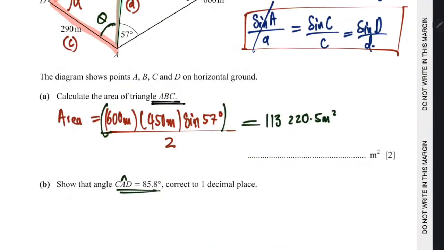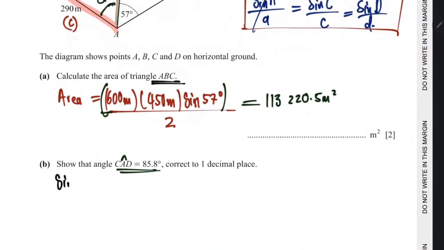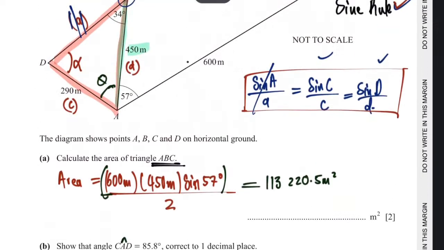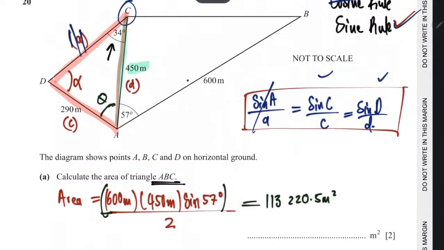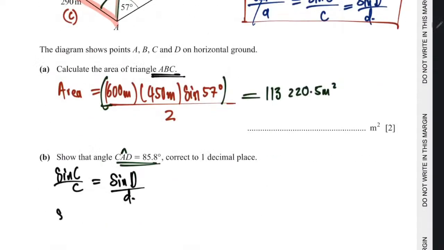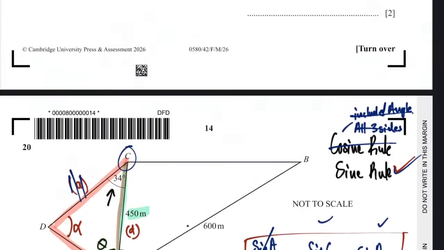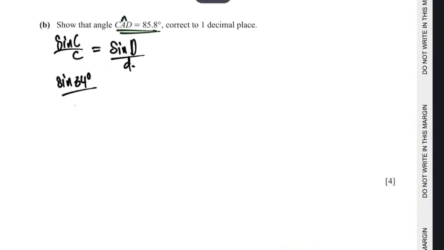So you're going to write sine C over c is equal to sine D over d. Sine C, which is sine big C. What is that big C? It is 34 degrees. So it will be sine 34 degrees divided by 290.